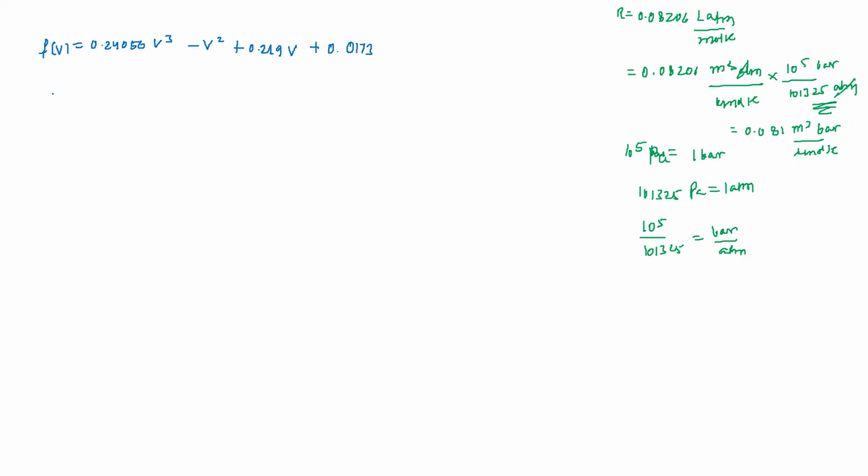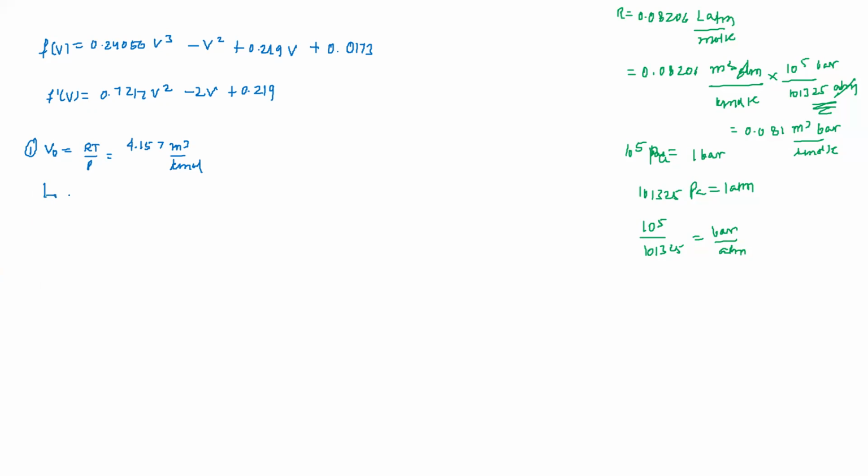From here, we have to calculate f dash V as we did in the Newton-Raphson method. f dash V is 0.7217 V square minus 2V plus 0.219. Now the first step is to calculate the ideal volume, that is RT by P. Substituting RT and P, the ideal volume comes out to be 4.157 meter cube per kilomole.